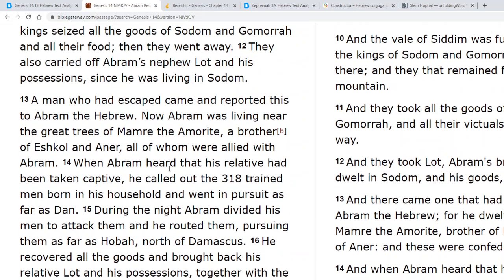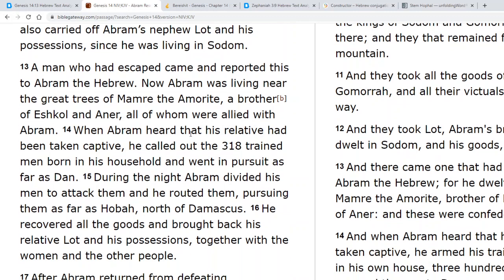Let's see what the translation said. A man who had escaped came and reported this to Abram the Hebrew. Now Abram was living near the great oaks of Mamre the Amorite, a brother of Eshkol and Aner, all of whom were allied with Abram.